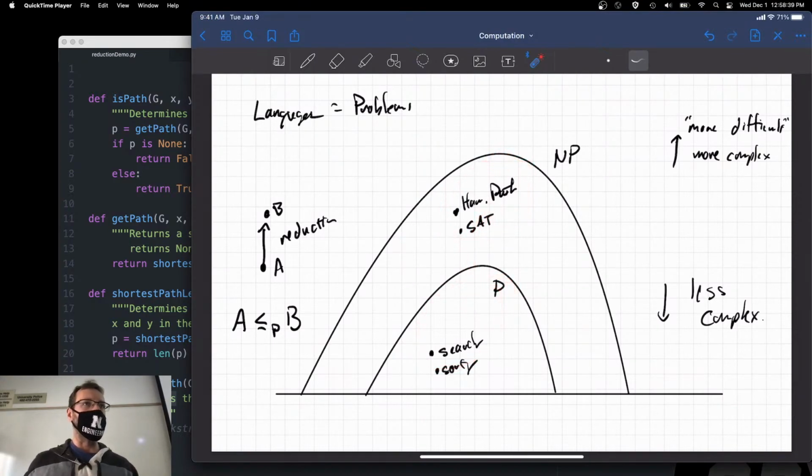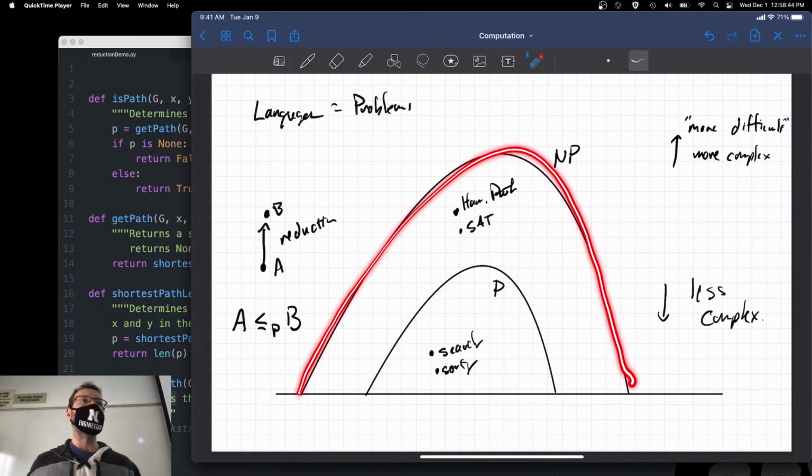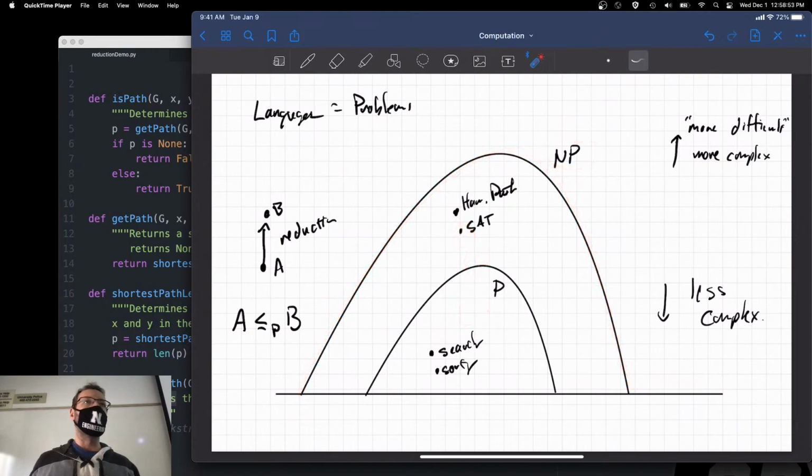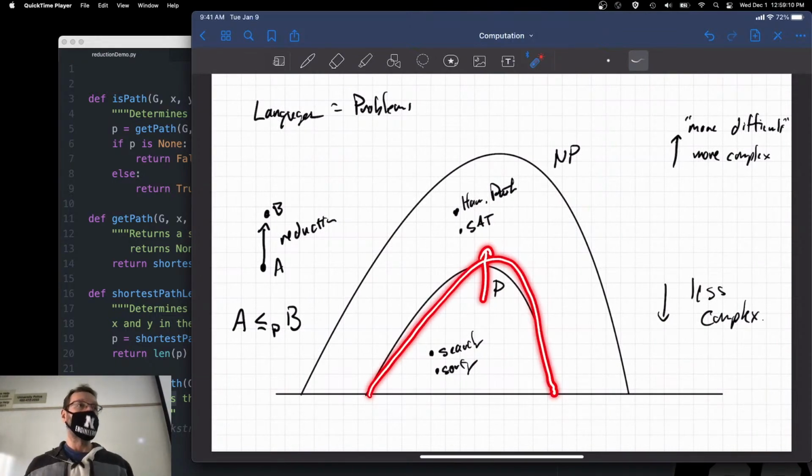If I'm allowed to use the power of the entire class, everything is equal. If something's already in here, I can solve it with NP. So there is no sense in reducing one way or the other. You're reducing A to A, B to B, 1 to 1, 2 to 2. They all have the same complexity. So to establish relative complexities between these two complexity classes, I have to restrict my power to the lesser one.